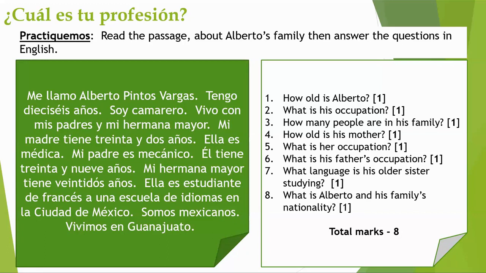All right. How many people are in his family? 4. But it's including him. You have to include yourself. You have to include yourself in your family. Come on, Jada. You don't include yourself when you count in your family.